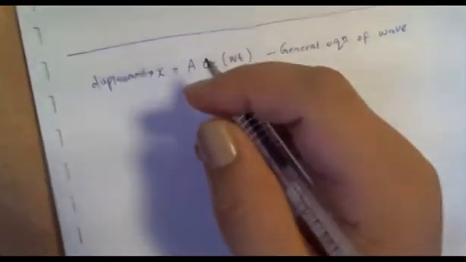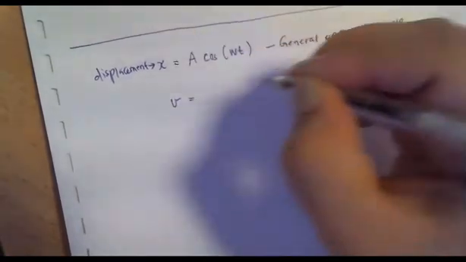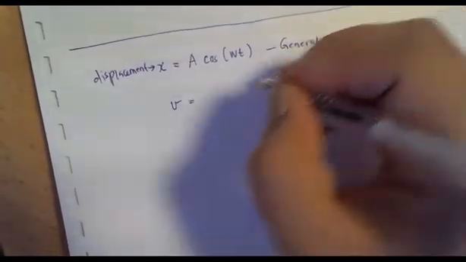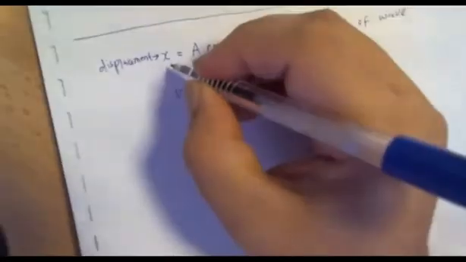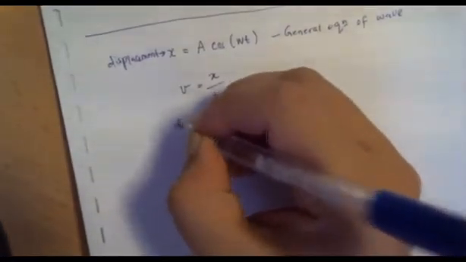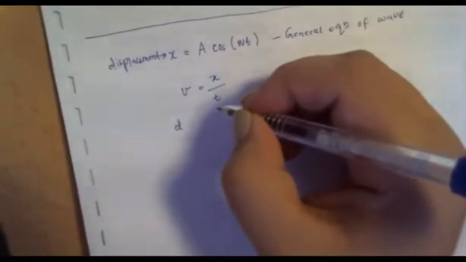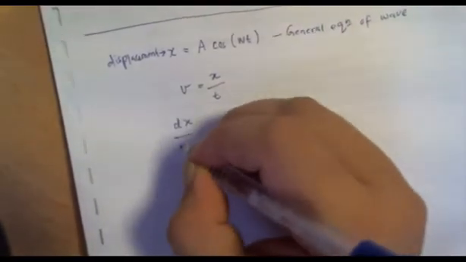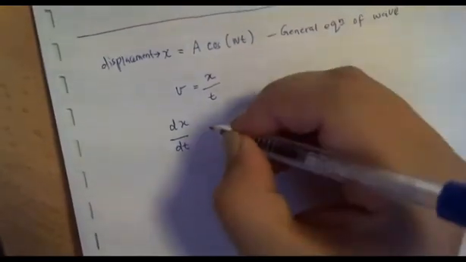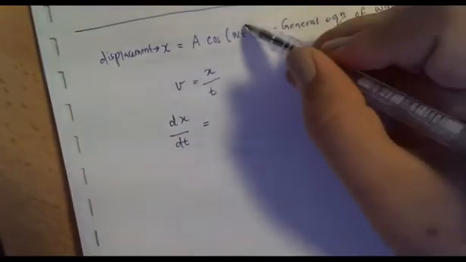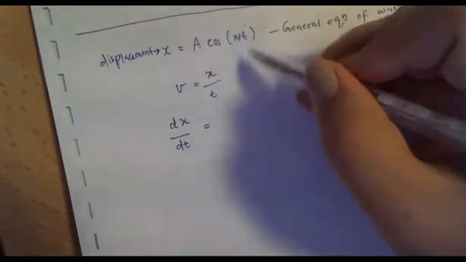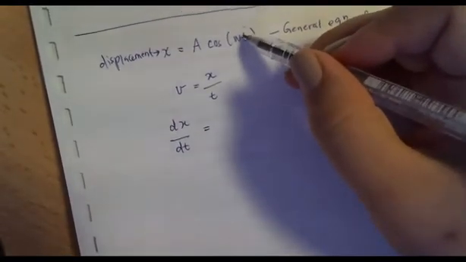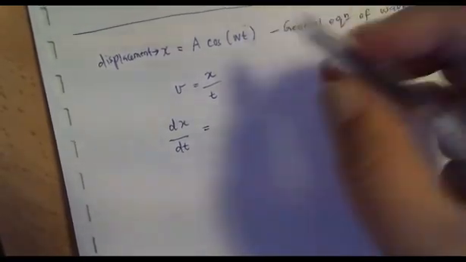As you know, to find the velocity, I have to take the change of x divided by the time. Similarly in this case, when I differentiate the value of x with respect to t, it produces an omega.